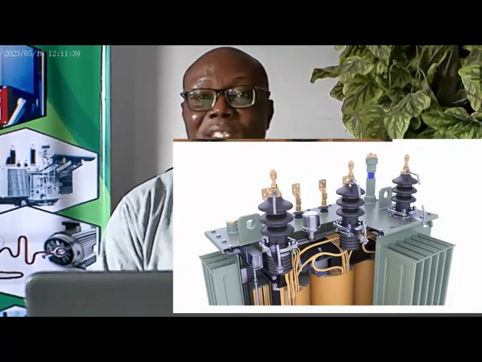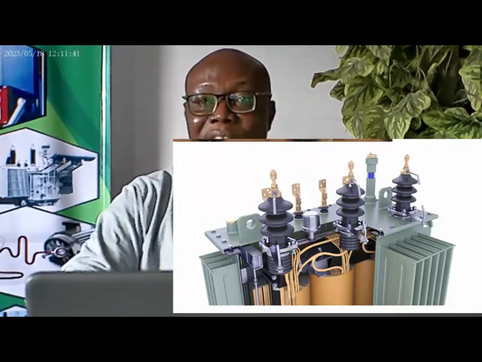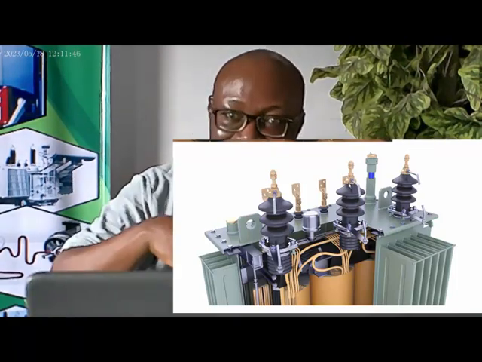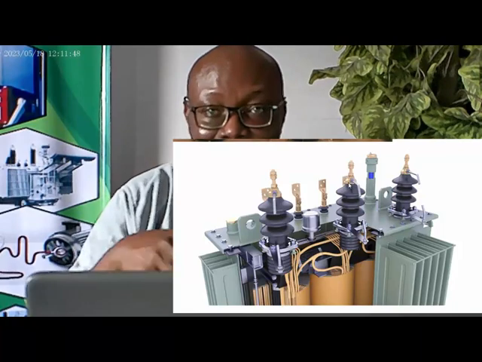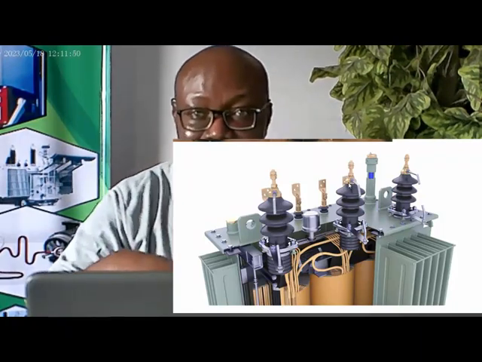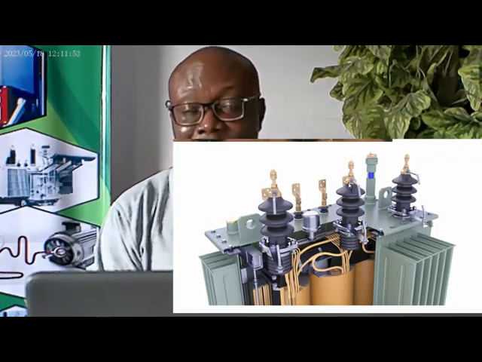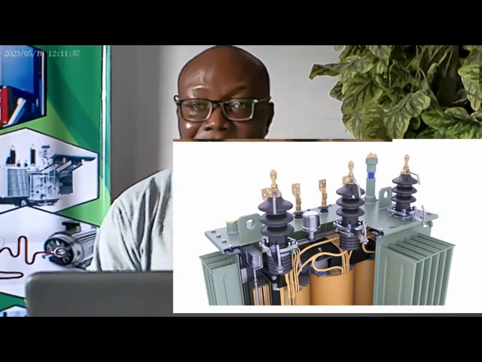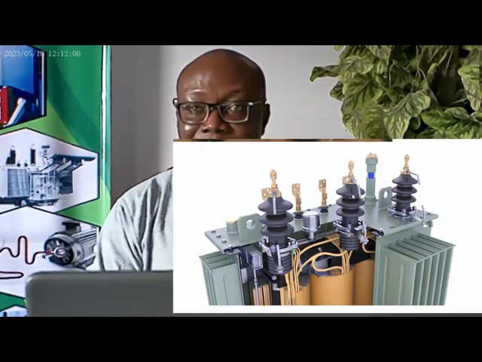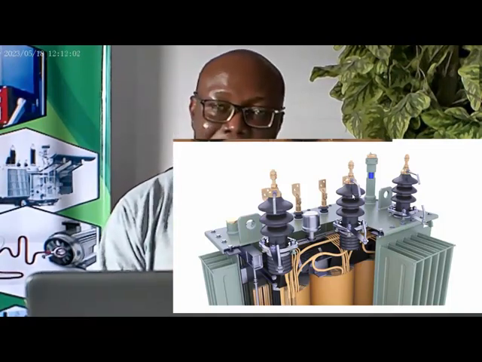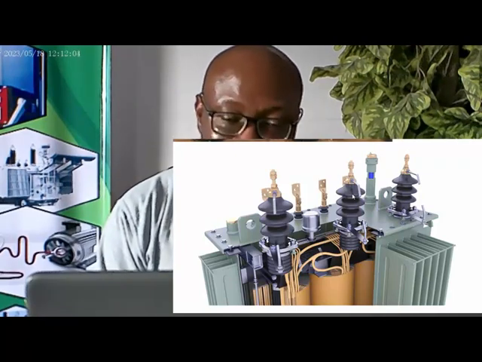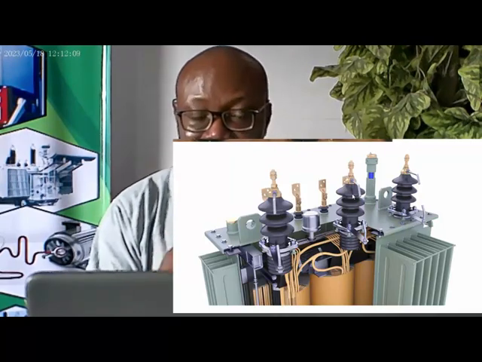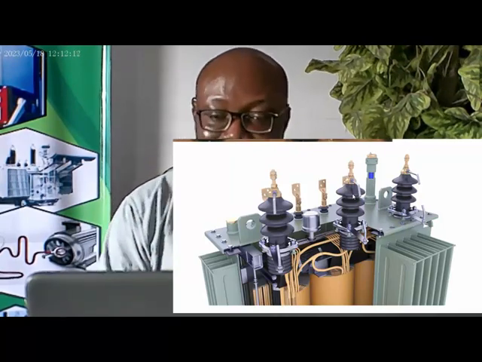So when you test, you are testing the insulation of the materials that are separating the primary and the secondary inside the winding, including the oil that is filling the space between them. If the dielectric strength is deteriorating or going down, of course you will see it in your insulation resistance test. As we'll see later, the leakage current will increase and then the insulation resistance will have dropped.